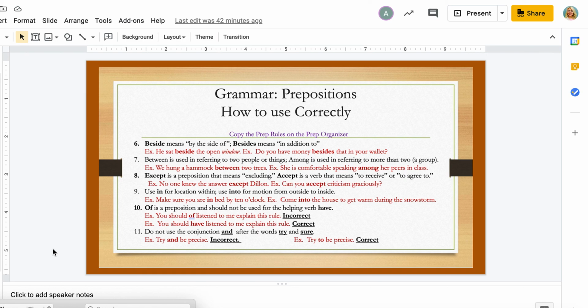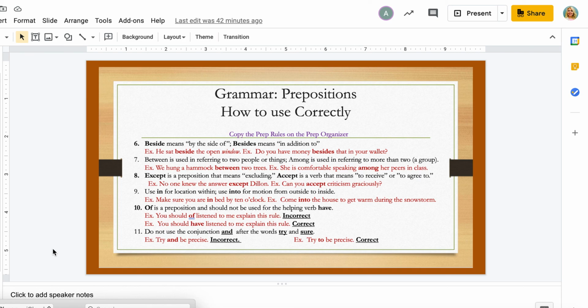Okay, another rule number 11 refers to using the conjunction and, A-N-D, after using the words try and sure. And here's how that works.